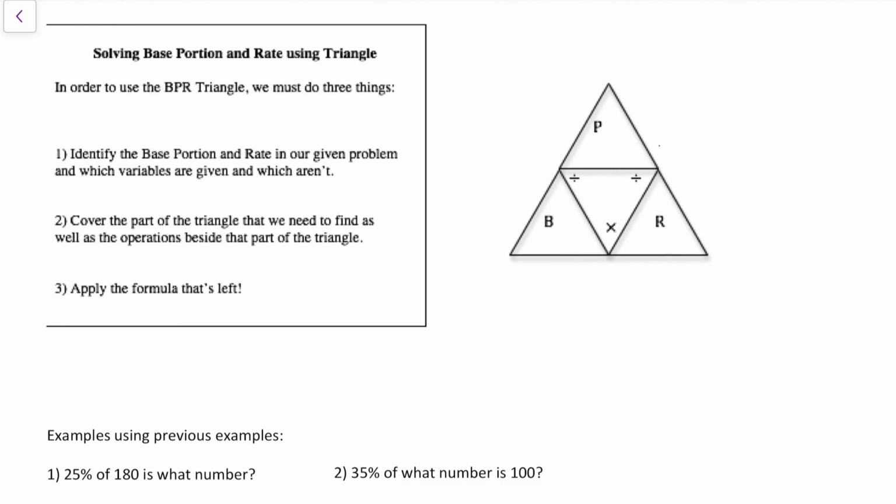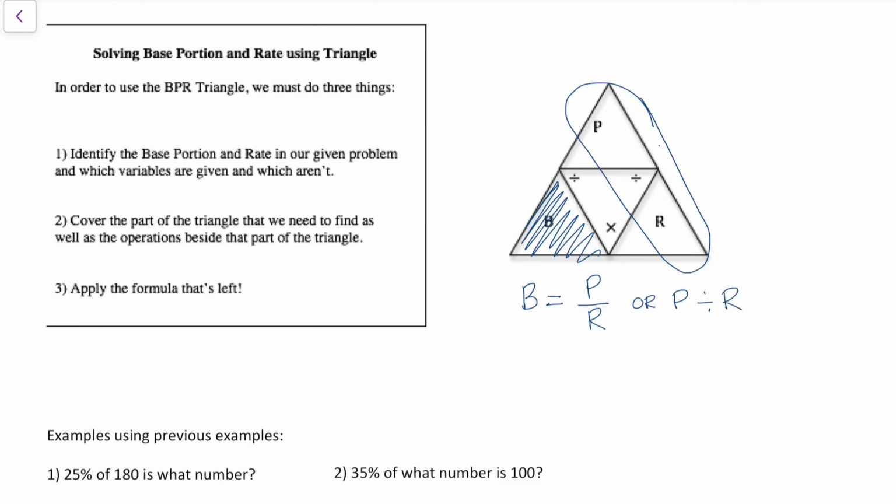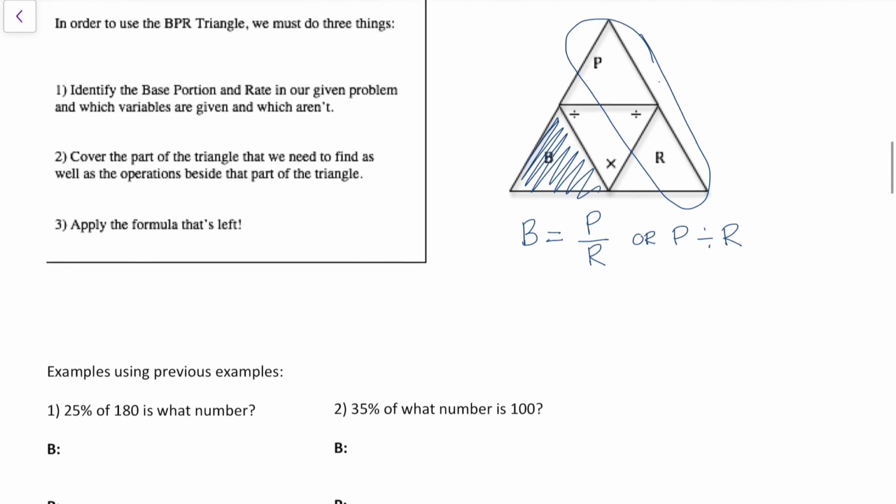tell you the formula. So for example, if I am looking for base, and I cover up the base portion of the triangle, that tells me that I have portion divided by rate left. So we can think of that as portion divided by rate like this, or you can think of it as portion divided by rate, whichever way you like to think of it.